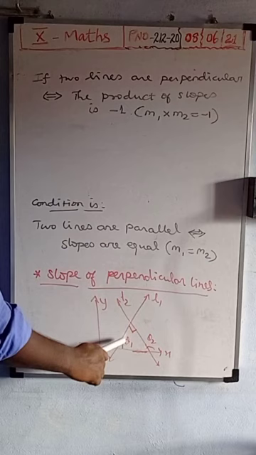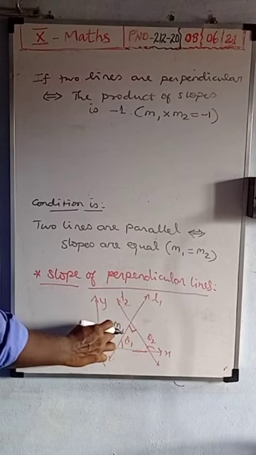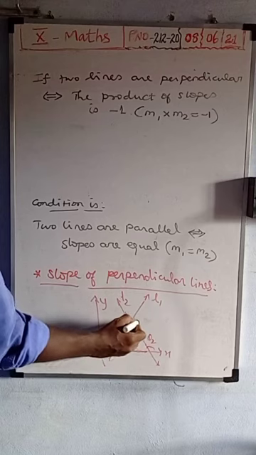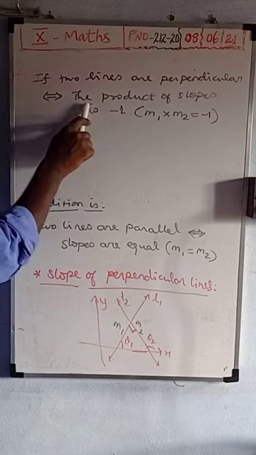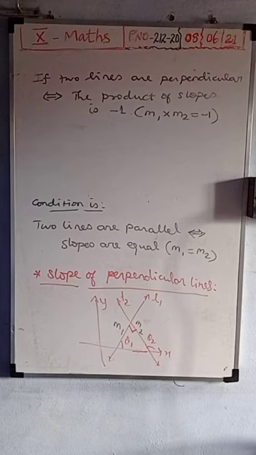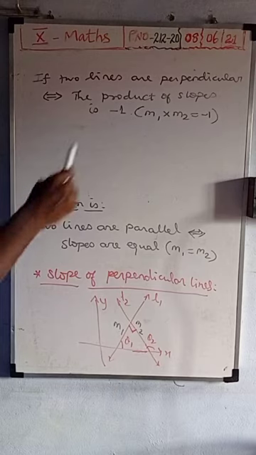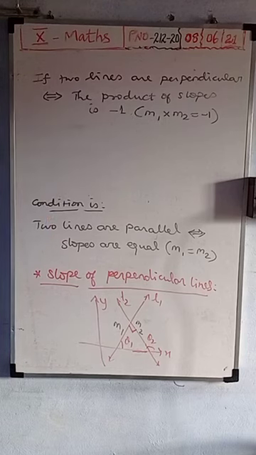This line's slope we find as m1 and this line's slope as m2. If we multiply both slopes and get -1, then the lines are perpendicular. For the converse, if the lines are perpendicular, the product of slopes is -1. We can directly take this result, m1 into m2 is equal to -1. Suppose the product of slopes is given as -1, then surely the two lines are perpendicular.